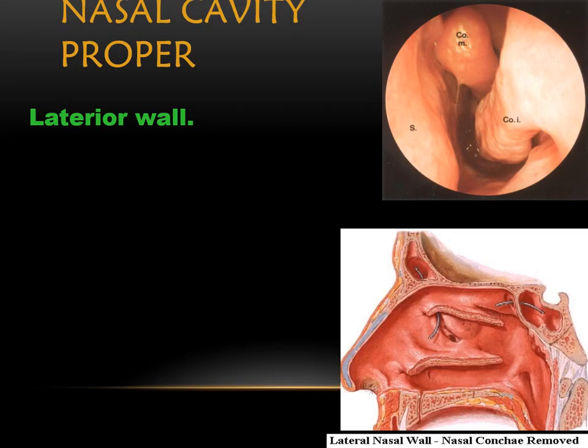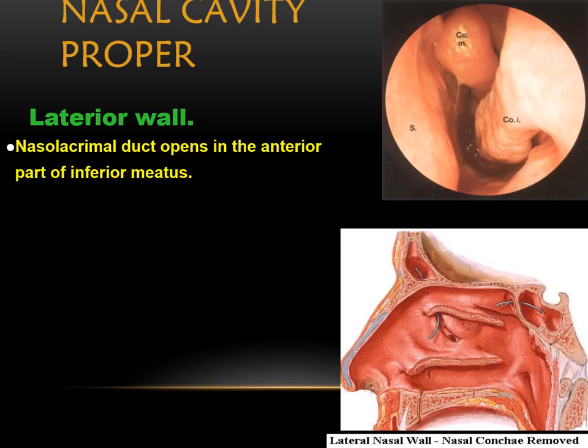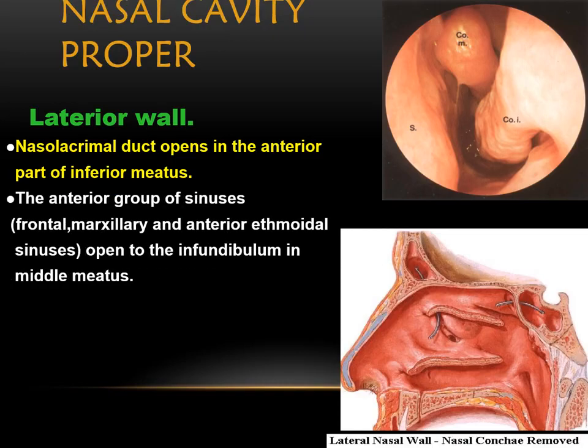So, in the lateral wall, the nasolacrimal duct opens in the anterior part of the inferior meatus. So, the inferior meatus is below the inferior turbinate. The anterior group of the paranasal sinuses, which are the frontal, maxillary, and the anterior ethmoid sinuses, open to the infundibulum in the middle meatus, below the middle turbinate.